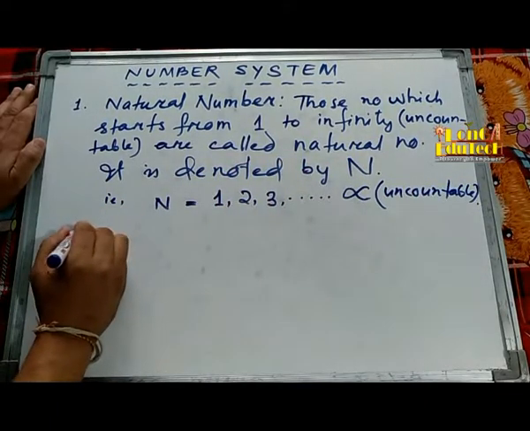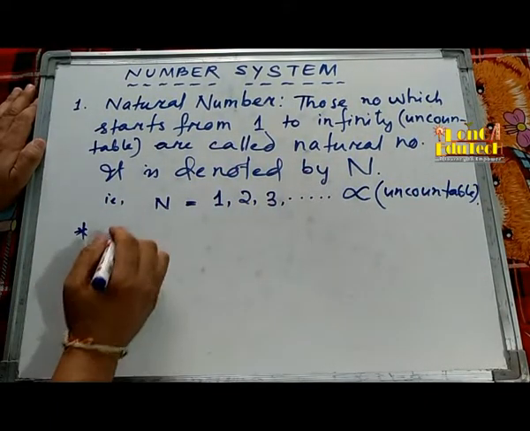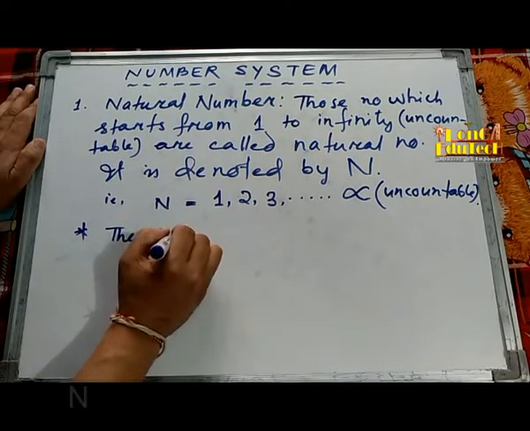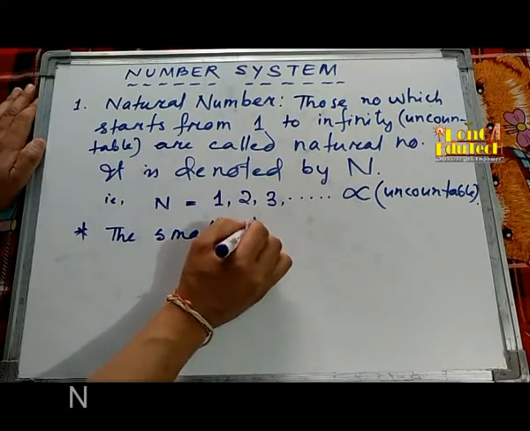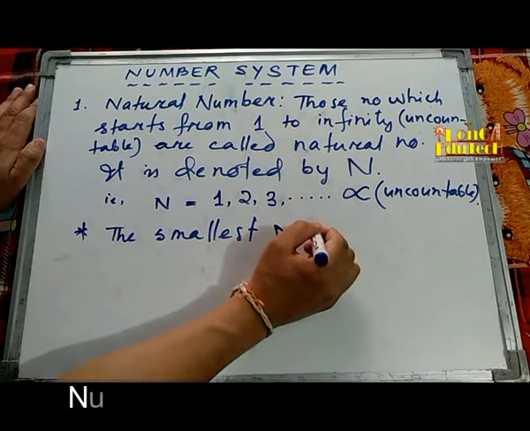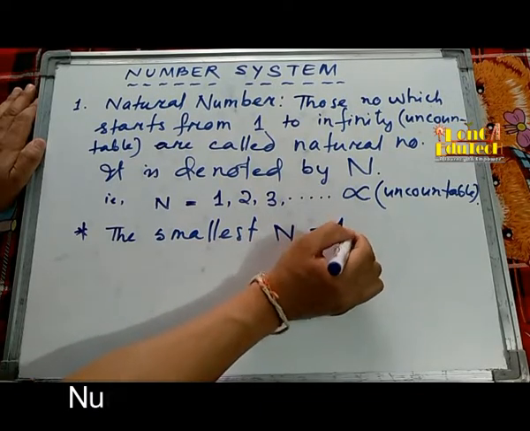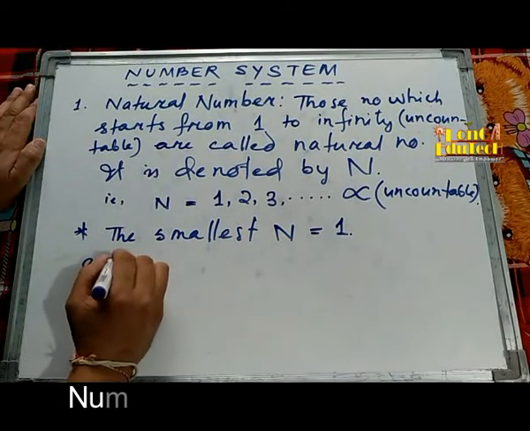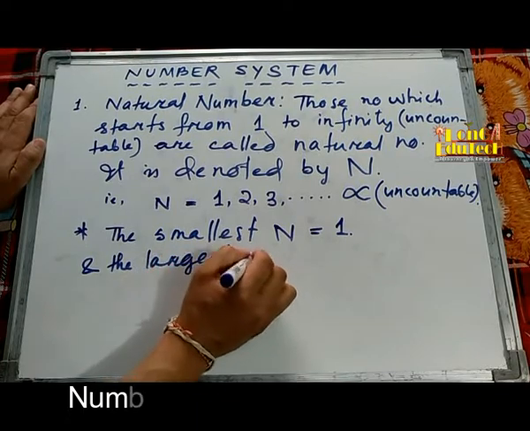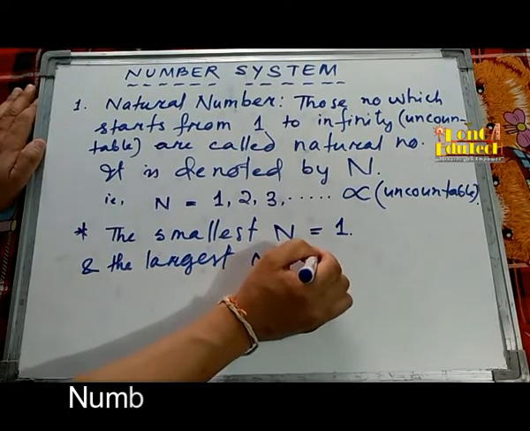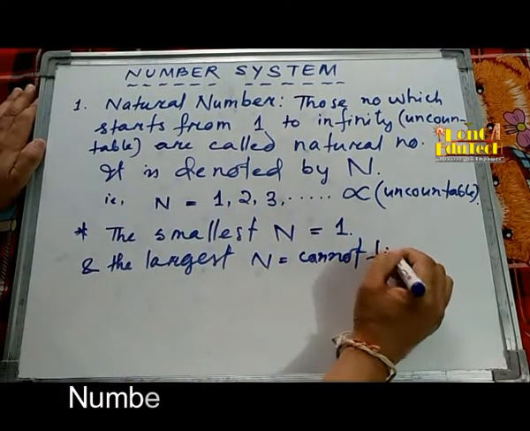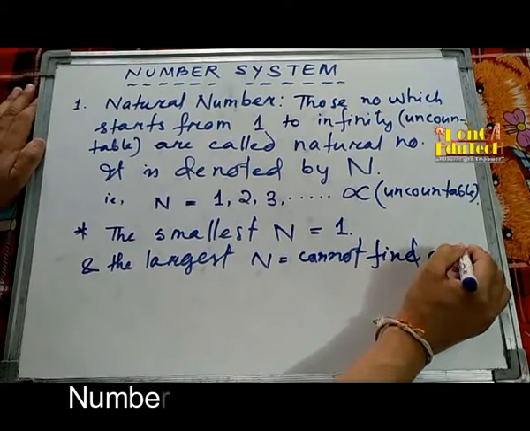Okay, so the most important points you have to know is that the smallest natural number is 1, and the largest natural number cannot be found out.